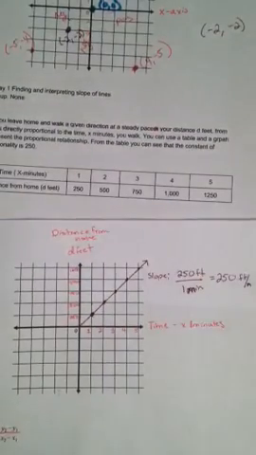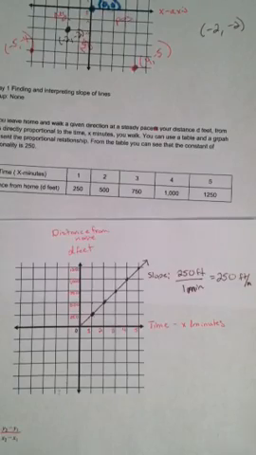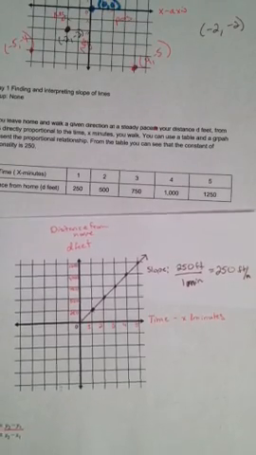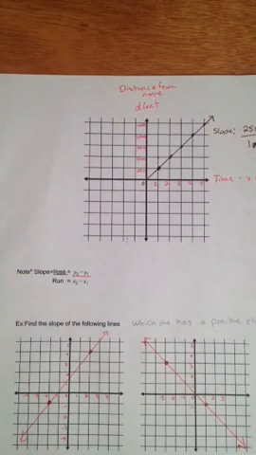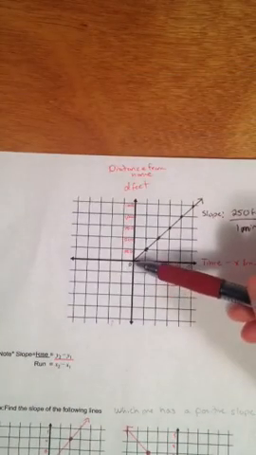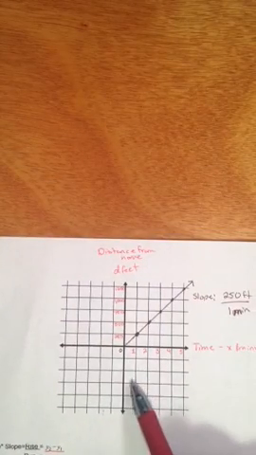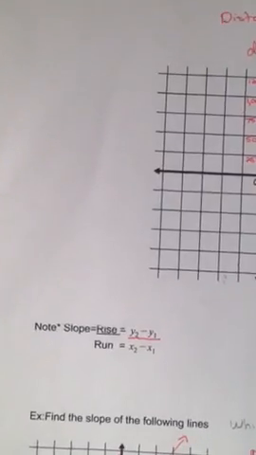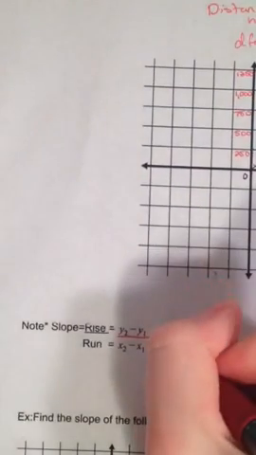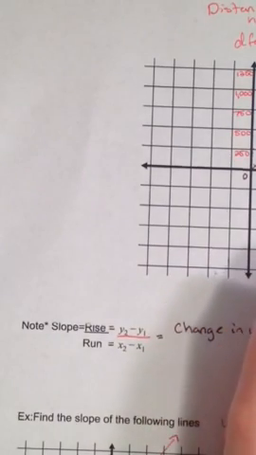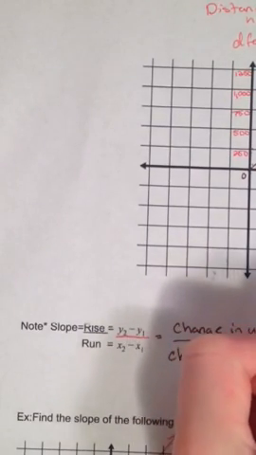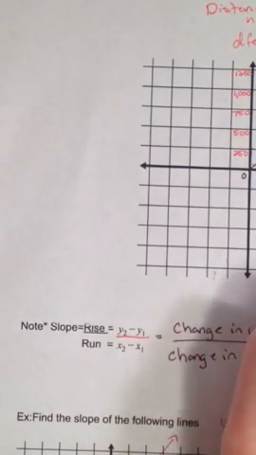We're going to talk more about slope, but this is just kind of to help you look at it and see it a little bit. A note that you have in your notes is that slope is the rise over the run. When we did this, I said we went 250 feet every minute, so we went 250 over 1. So slope is rise over run, and all that is the change in y's over the change in x's.